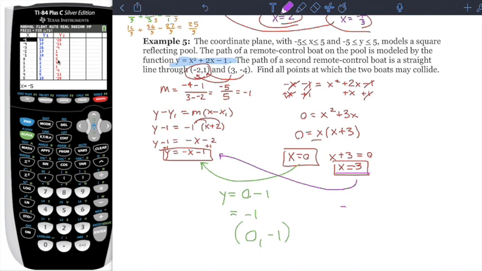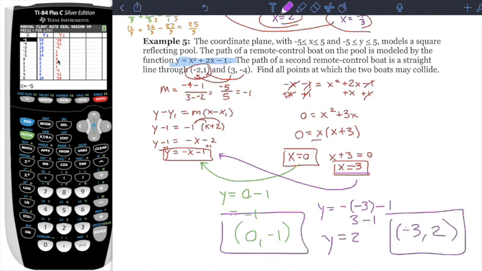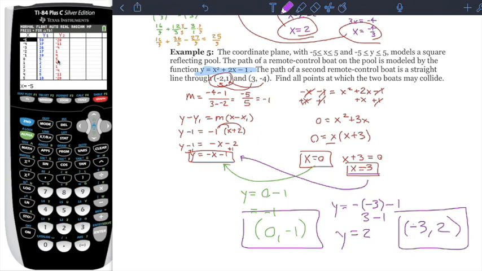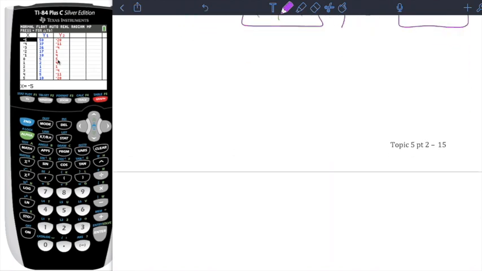So that'll be -(-3), which would be +3, and then -1. So that'll come out to 2. So that'll be the ordered pair -3, 2. Those would be your two solutions there. And so I guess that's where the two boats would collide. I believe that is it.